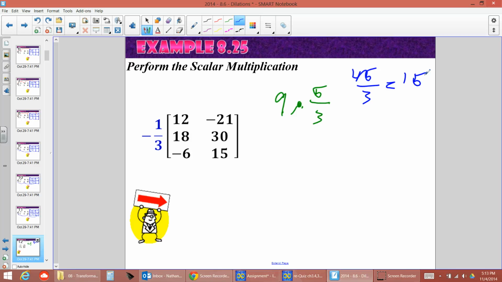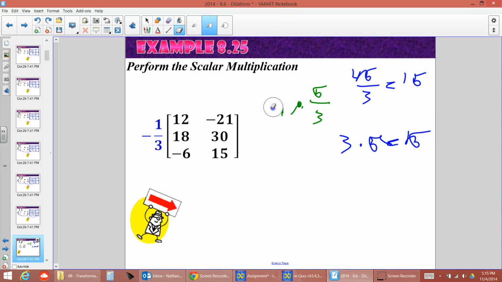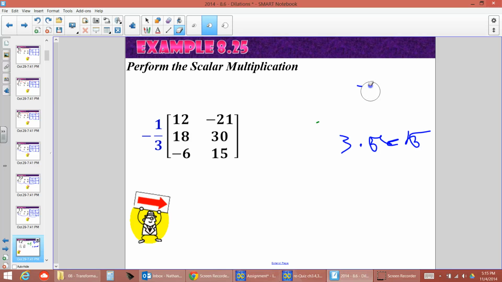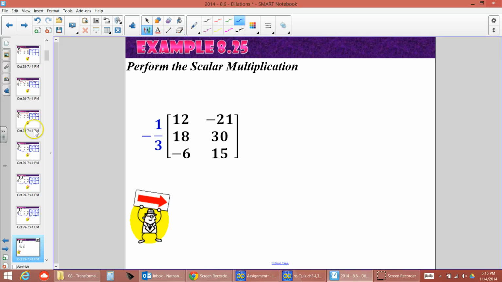So I can either multiply first and then divide to get my answer, or it's smarter if you divide first and then multiply. So 9 divided by 3 gets me 3, then I multiply it by 5, and I end up with 15. So I like to divide first and then do my multiplications second. So using this principle, we're going to use that a bunch of times on each one of these multiplications. Remember, it's easier to divide first and then multiply.